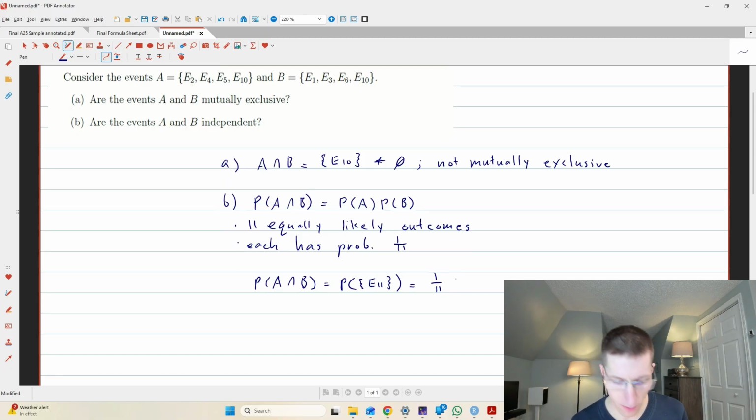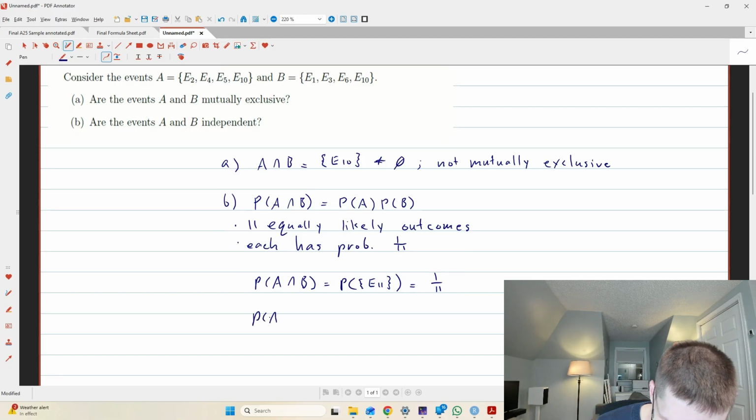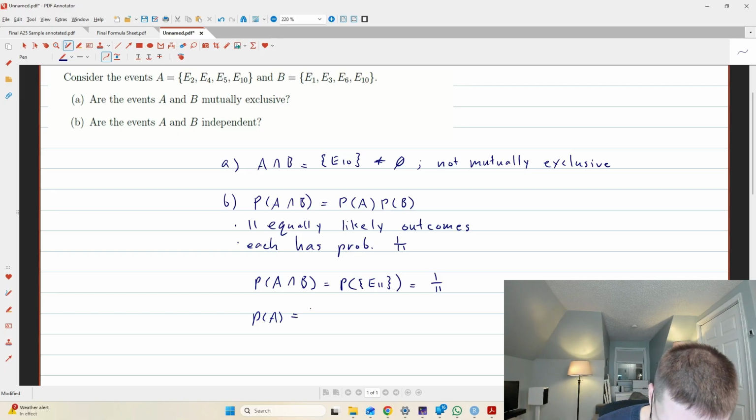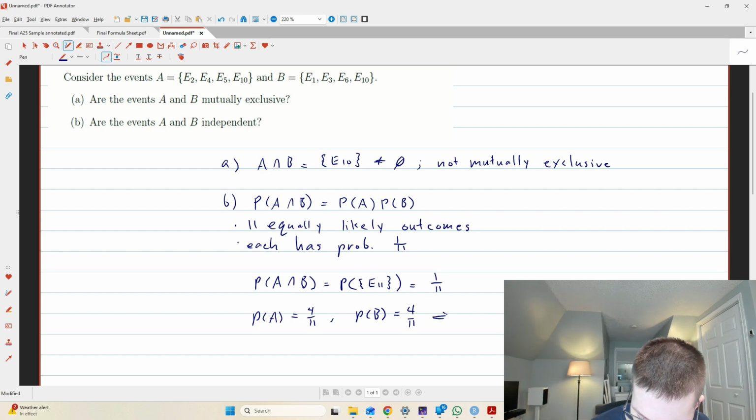On the other hand, if we look at P of A, that's got 4 equally likely outcomes in it. So that's going to have probability 4/11ths. Probability of B, same thing, it's going to be 4/11ths. And so that means P of A times P of B is going to be 4 times 4 over 11 times 11, 16 over 121, which is not 1/11th.